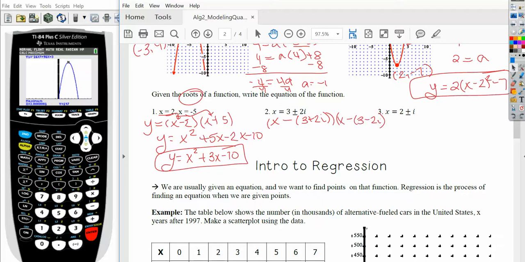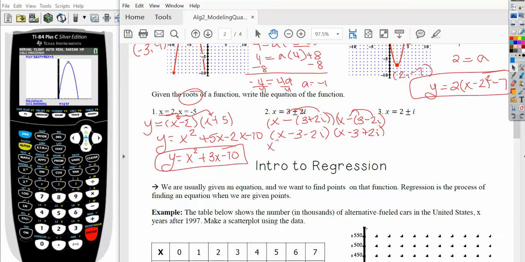And because I have to do the opposite of both of them, I have to do the opposite of two terms. That's why I put them in parentheses, so I know to distribute that negative. So I have x minus 3 minus 2i. Then I have x minus 3 plus 2i. Okay? So now I'm going to triple distribute.